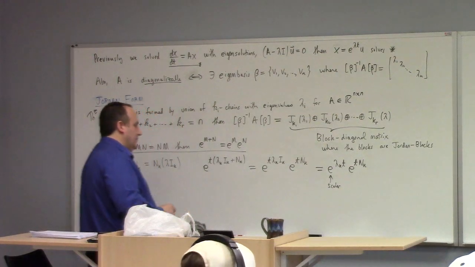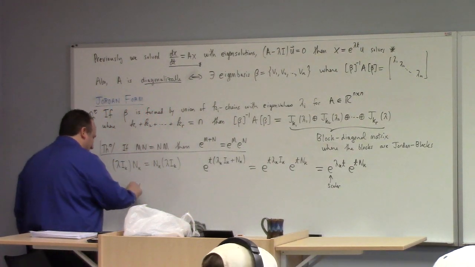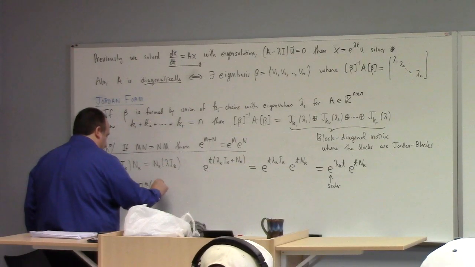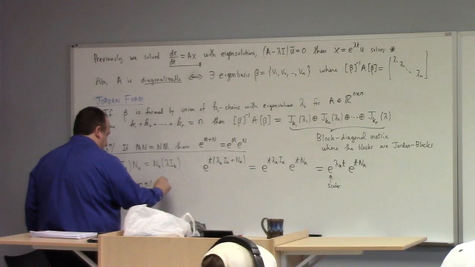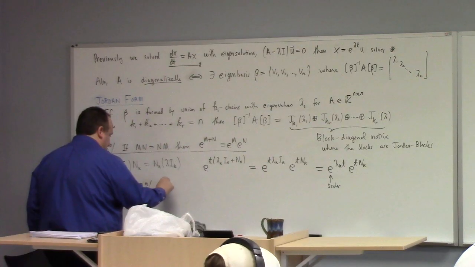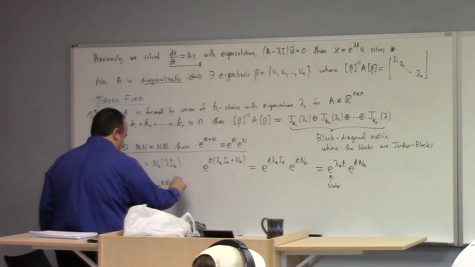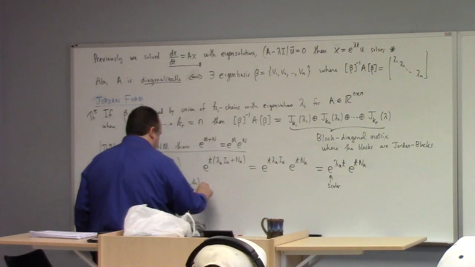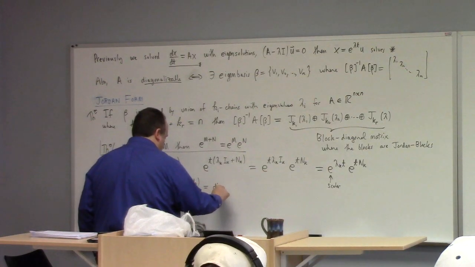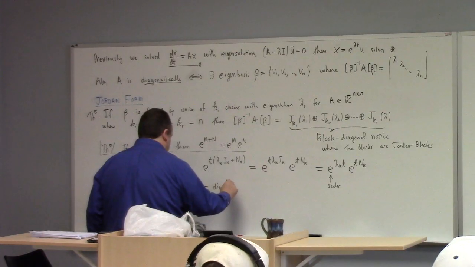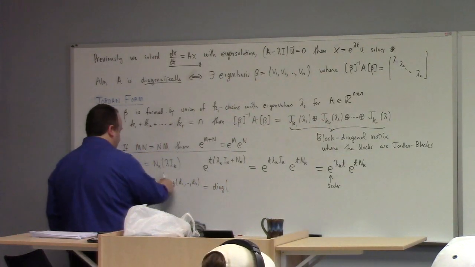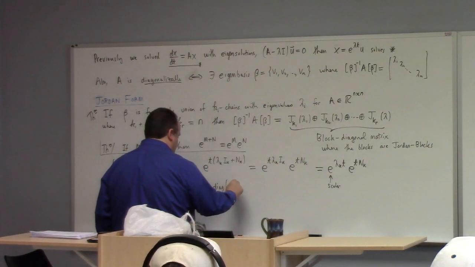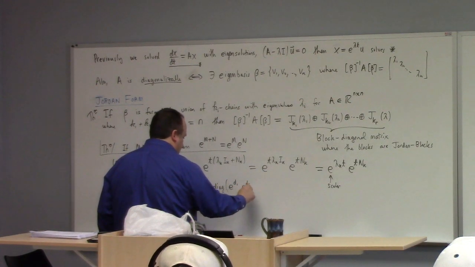I'm using yet another theorem which says that if we have e to the t times a diagonal matrix, let's say d1 through dn, then that's equal to the diagonal matrix of e to the d1, e to the d2, e to the dn.